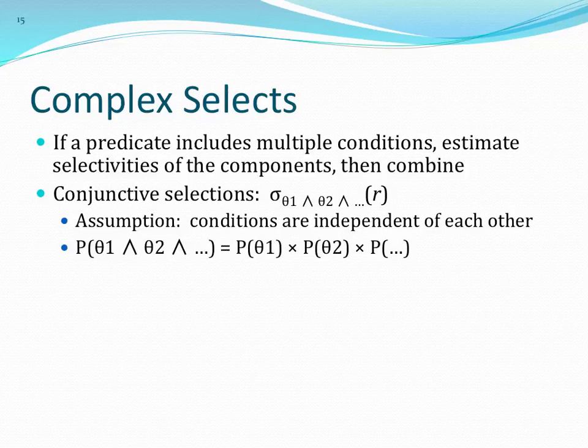One of the assumptions that shows up badly in NanoDB right now, and you'll probably notice this in assignment 3, and it's a nice thing to fix, is that if you say select star where A greater than 5 and A greater than 5, it miscalculates the selectivity of that expression because it thinks those are independent of each other.